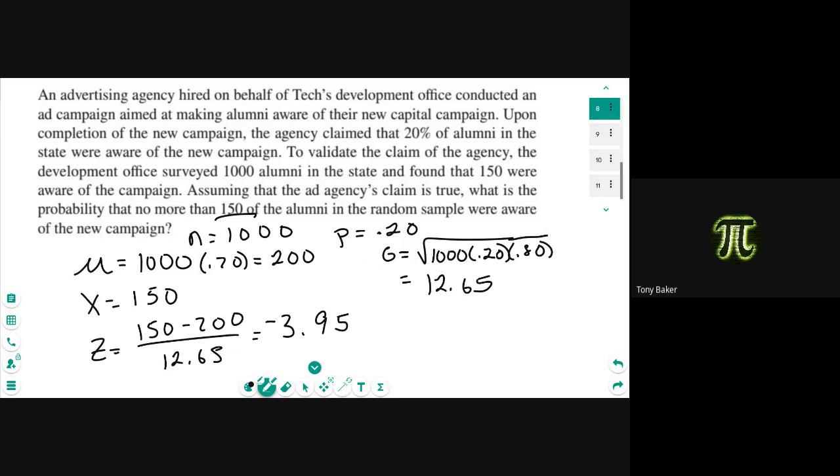So is their claim true? No. If their claim was true, it'd be a little higher than that. There'd be a possibility of it happening. But in this case, no, their claim isn't true. It is essentially 0.